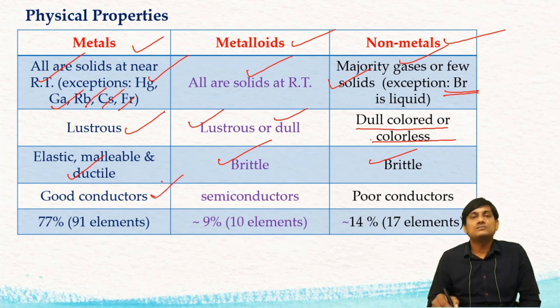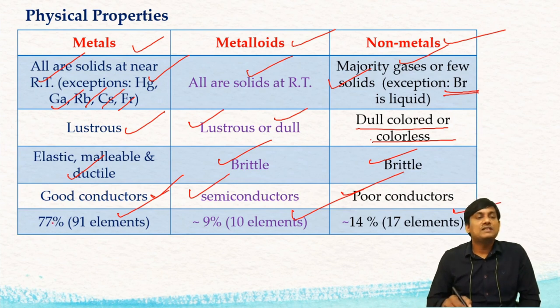Metals are good conductors of heat and electricity. The conductivity of metalloids is in between metals and non-metals, so these are semiconductors in nature, and non-metals are poor conductors. In the periodic table, out of 118 elements, 91 elements are metals, 10 elements are metalloids, and 17 elements are non-metals.